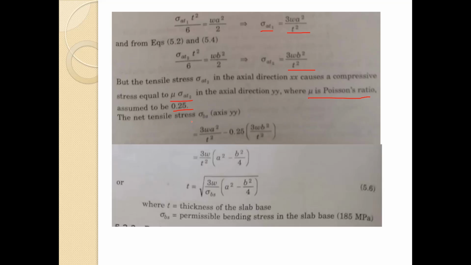So net tensile stress, that is sigma bs, is 3 W A square divided by T square minus we are deducting 0.25 into W B square divided by T square, because the tensile stress in one direction will cause compression in the other direction.